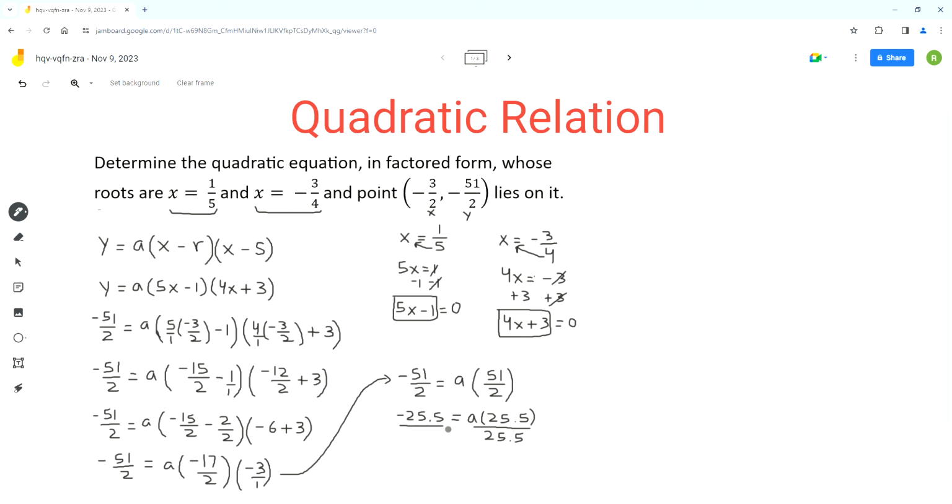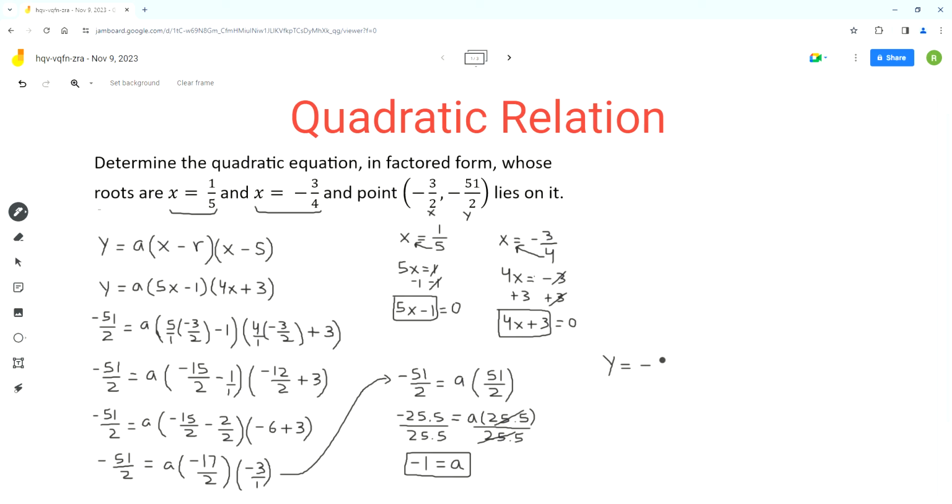If we do that, the 25.5 on the right side cancel each other out. And on the left side, we just have to do negative 25.5 over positive 25.5, which is equal to negative 1. So that's the a value. And now we can use this a value to write the final answer in factored form. So it's negative.